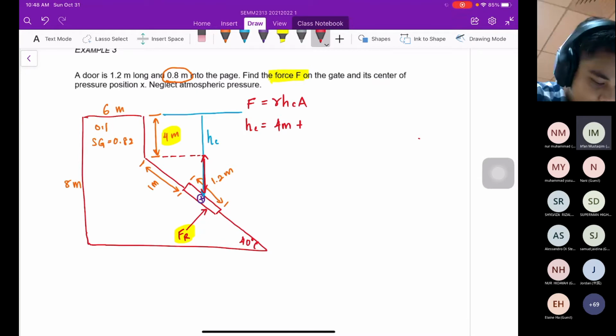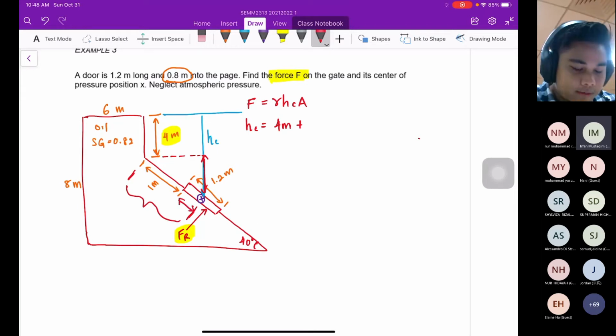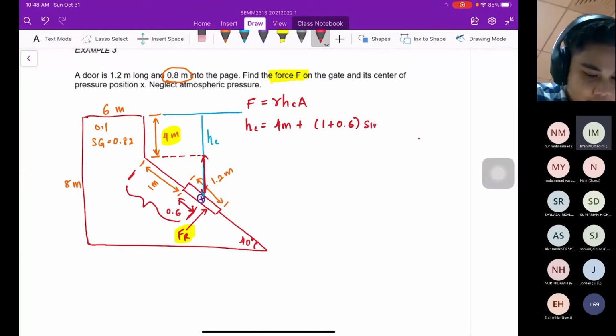From here to here is 1, and we need to add this one. What is the value here? This is half of 1.2, which is 0.6. So bracket 1 plus 0.6, times sine 40, in order to get this length. Then we add it to this length.